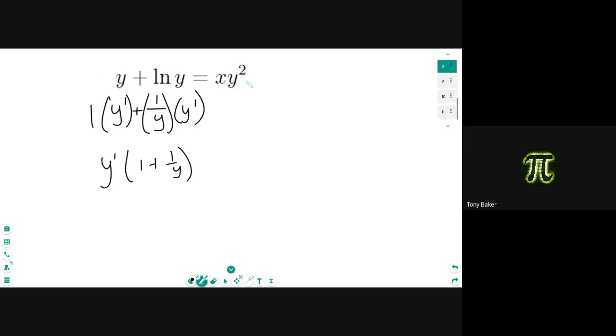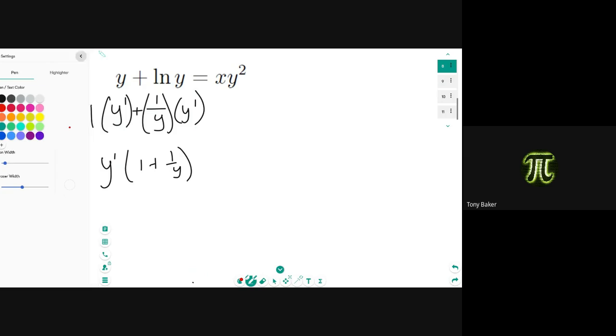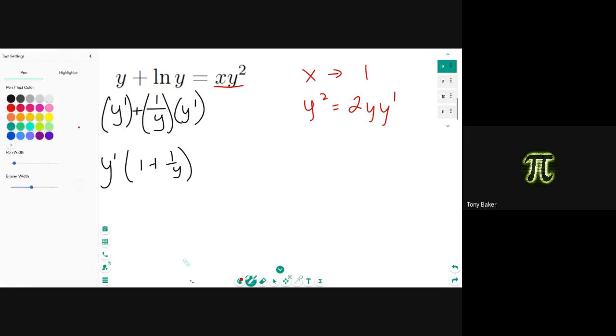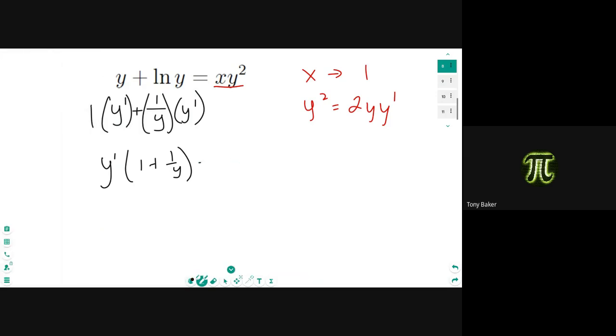All right, now this side, we have to do the product rule. So x goes to 1, and y squared goes to 2y y prime. So I have 1 times y squared plus x times 2y y prime.